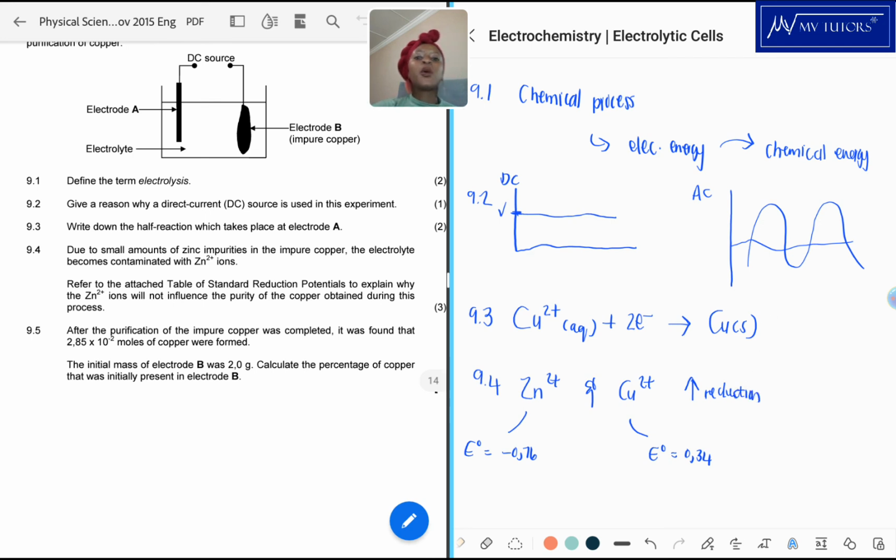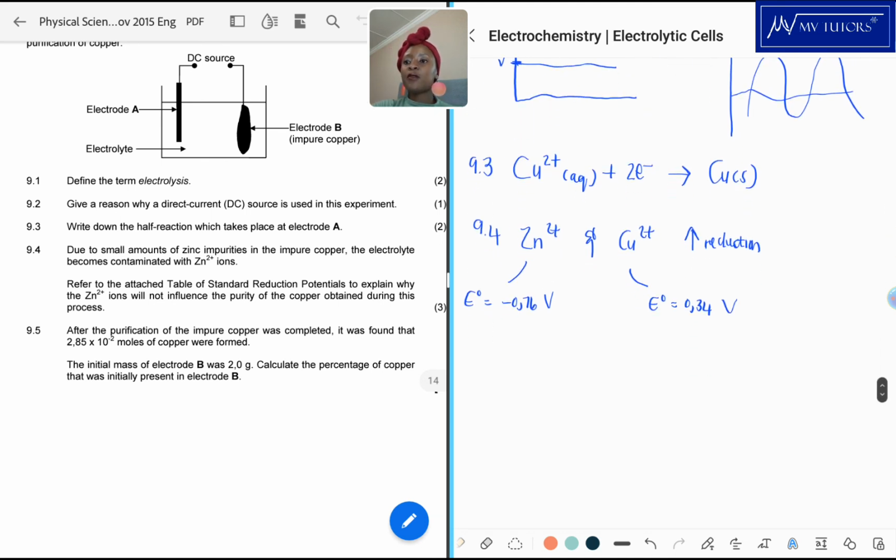It's 3 marks, so I guess you have to write down there the voltage, and say that it is likely to be reduced more than zinc would.